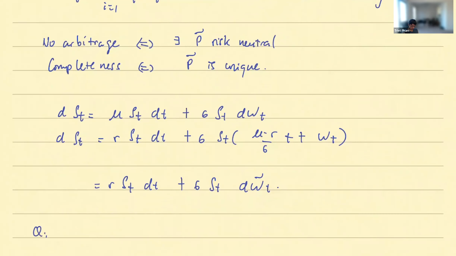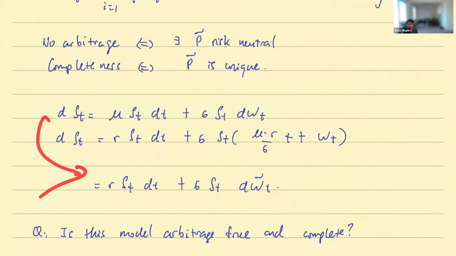So is this model arbitrage free and complete, or is this market? Is there any condition that you need? So classical Black-Scholes, is it arbitrage free and complete?